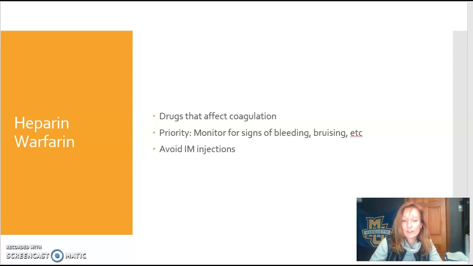Now, the two medications that we're going to review that affect coagulation are heparin and warfarin. We know that heparin blocks the formation of thrombin from prothrombin. It's used to prevent venous thrombosis or pulmonary embolism. Heparin must be injected, so we don't use that in outpatient very much, right?